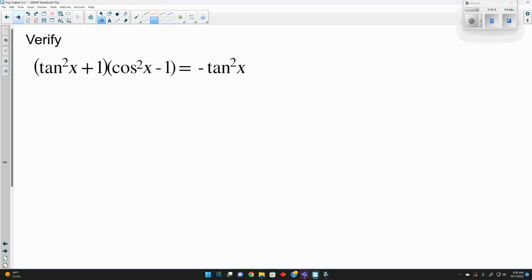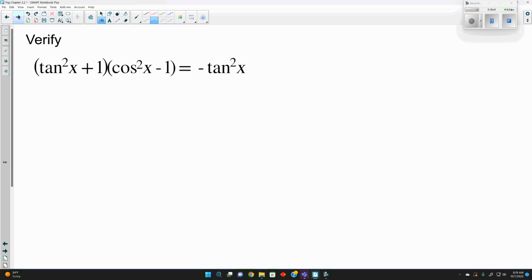Start with the left side, yes? So, I mean, there's different things we can do. We could use the fact that tangent squared of x plus 1 is secant squared, but that's not really helping us much because we need to get to tangent. Cosine squared minus 1 is the same as sine squared, but I don't know if that'll help us much.